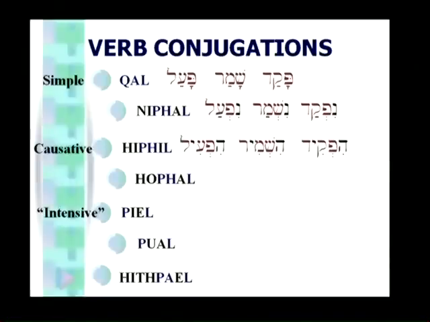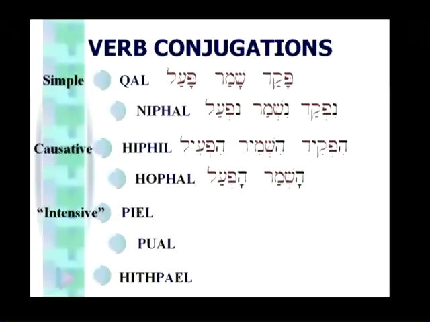Hishlik, he caused to send. Hifkid, he caused to visit. Hishmir, he caused to keep. The same sound: that he and then the internal i, the hirik yod. Hafal is the passive. Hafal, he was caused to make.